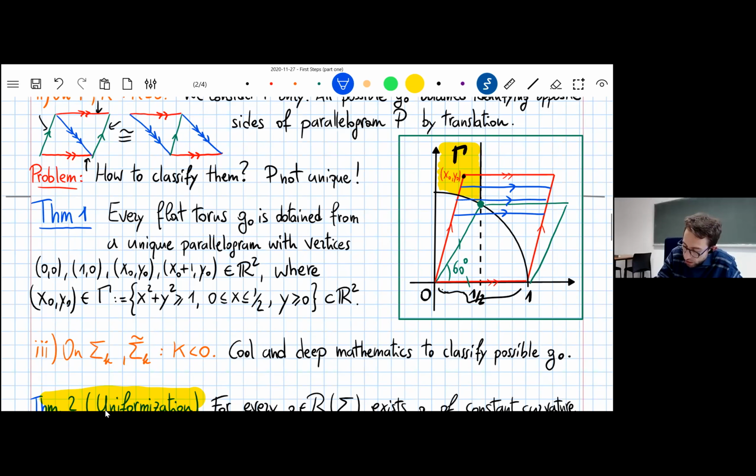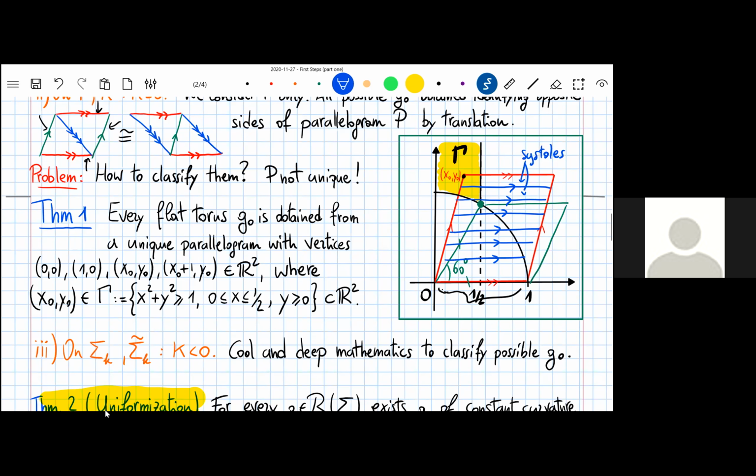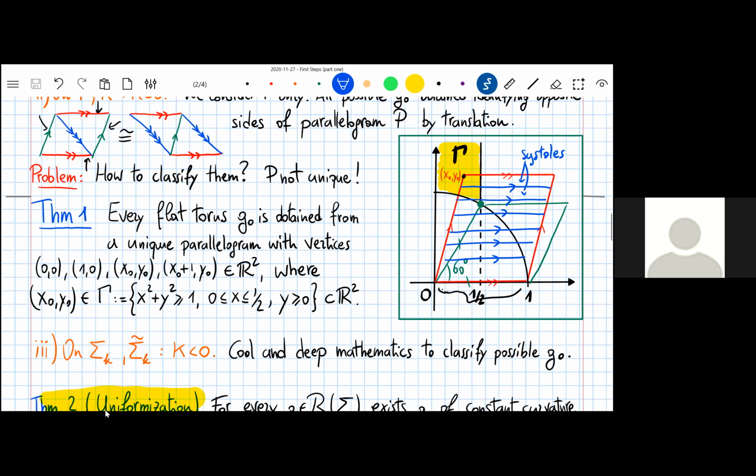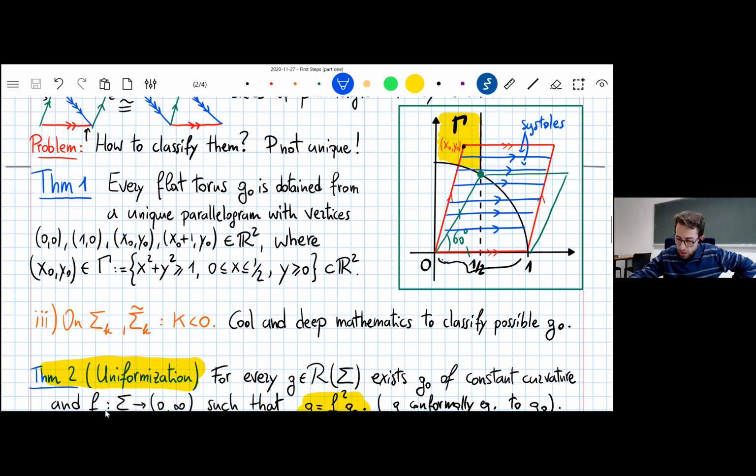This, in general, is not true for every torus. So these are all systoles. These are non-contractible and closed because you identify the two opposite sides of the parallelogram, and these are actually systoles. It's maybe not clear from the picture, but actually you can show this.